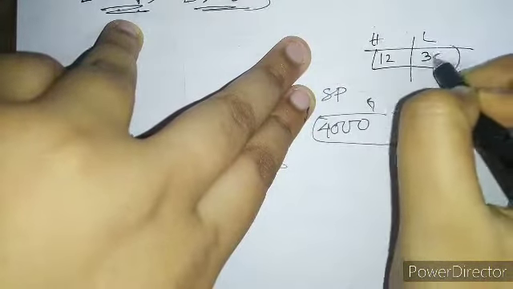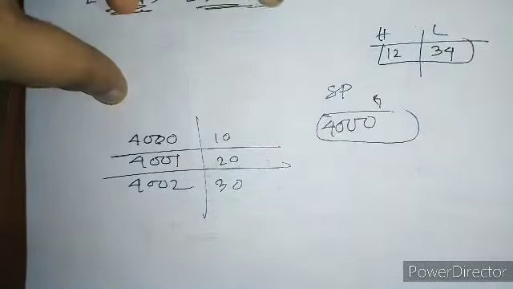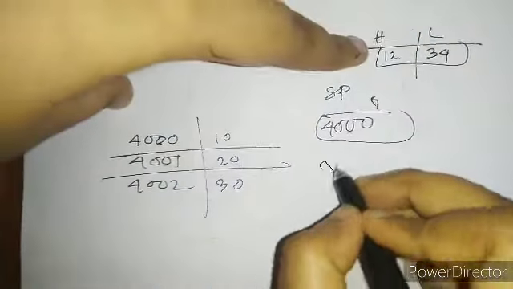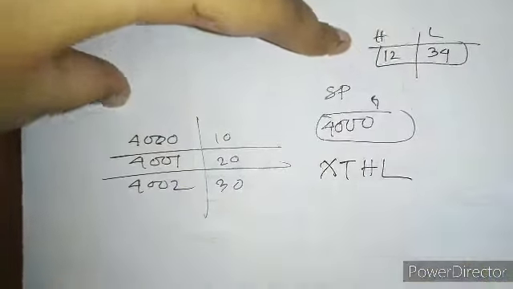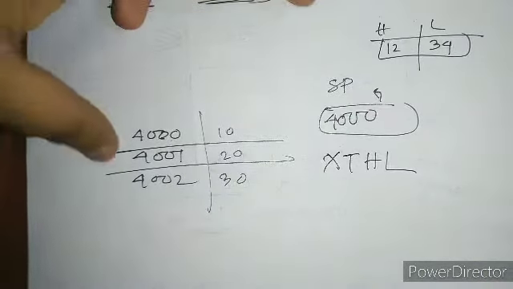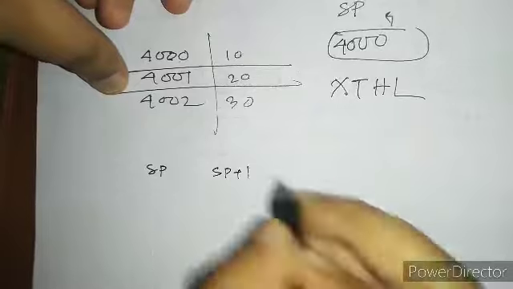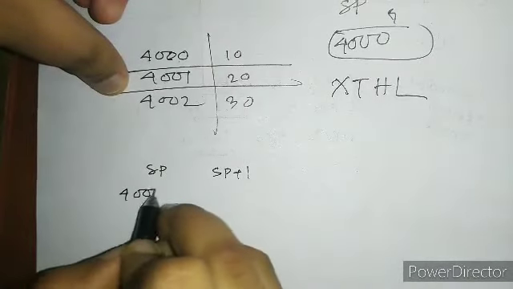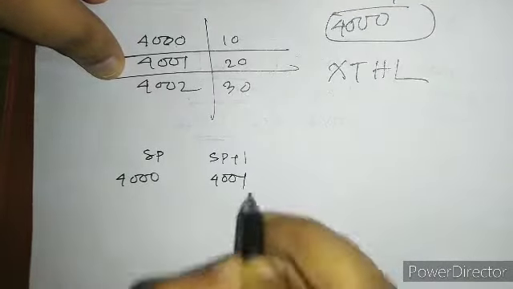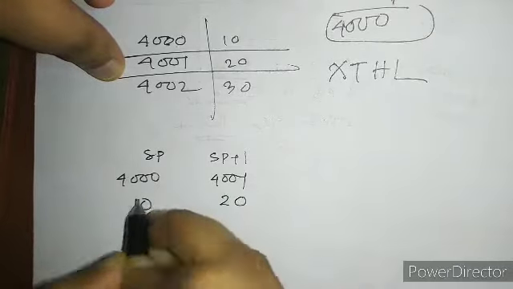Now, HL. Suppose HL has 1, 2, 3, 4. We perform an instruction XTHL. What will we do now? At location 4000, location 4001, it has 20, it has 10.